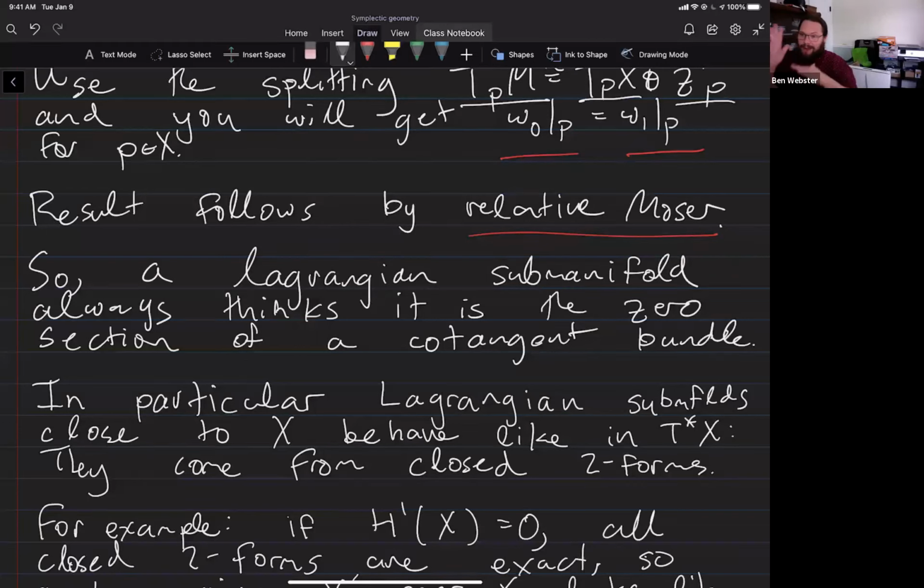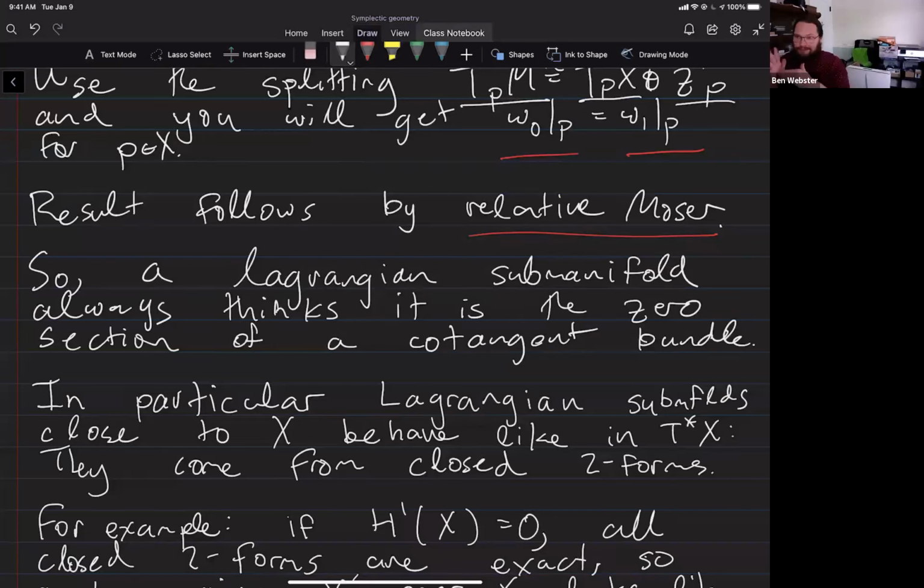So the group of linear symplectomorphisms of the linear symplectic space acts transitively on the set of pairs of complementary Lagrangian subspaces. Transitively on pairs. Okay. Thank you. Interesting. Yeah, with the stabilizer being GL_n.